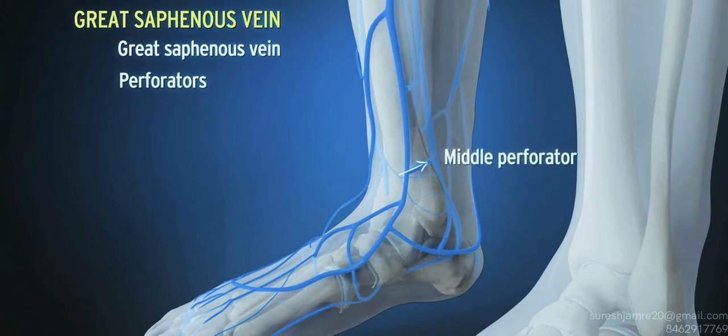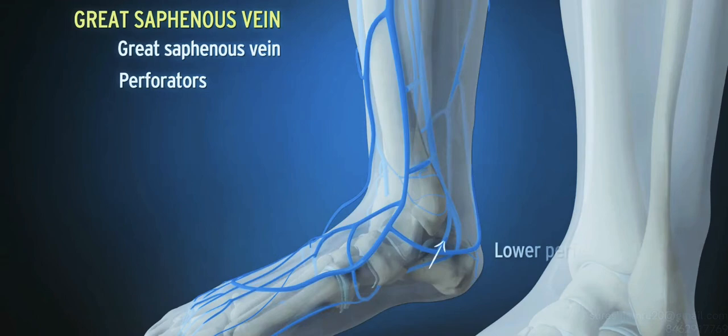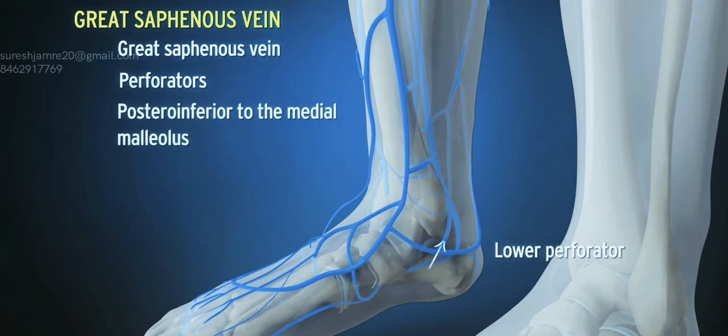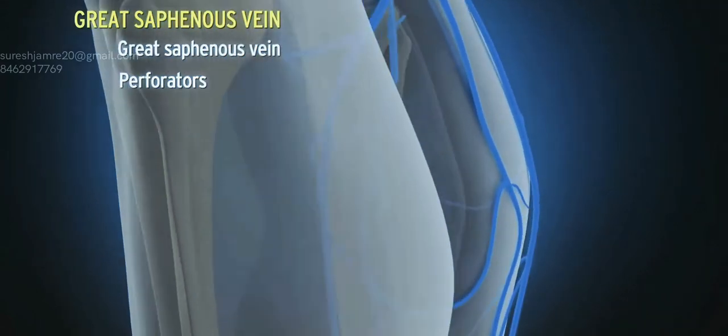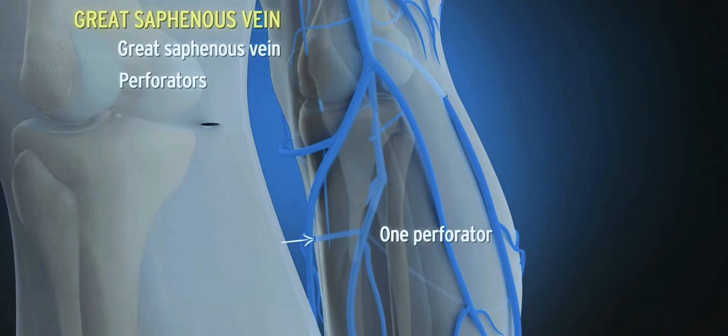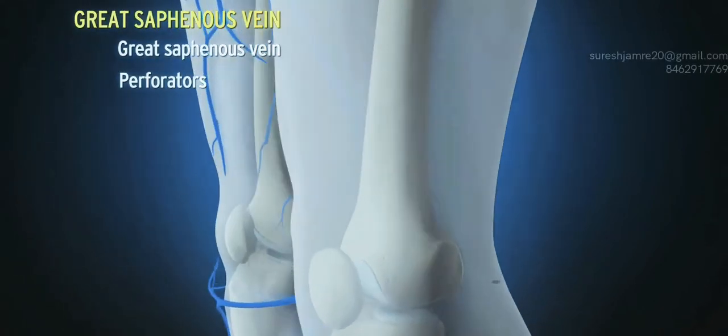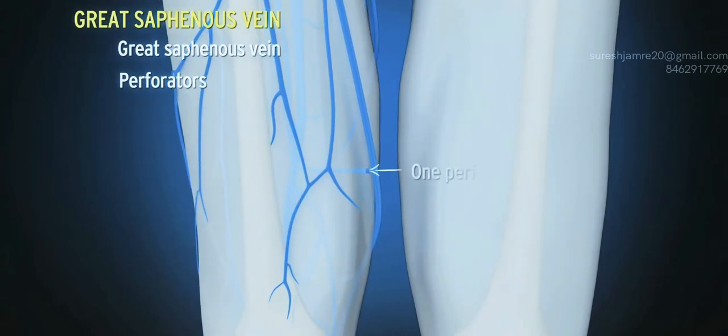Middle perforator lies above the medial malleolus. Lower perforator lies posterior-inferior to the medial malleolus. One perforator just below the knee. One perforator in the adductor canal.